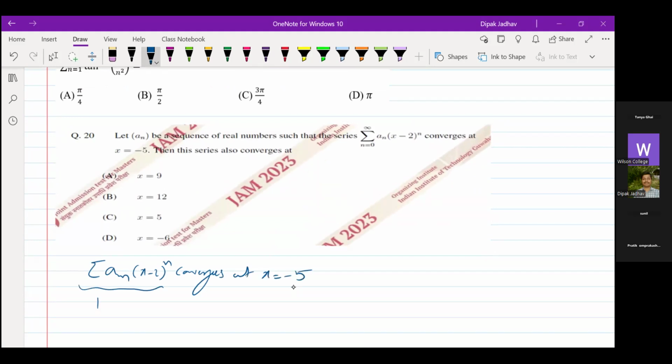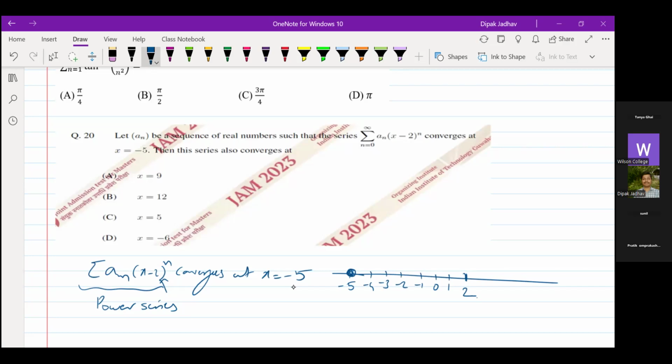So first of all, this is a power series expression. What is the center of this power series? 2. So here the center of this power series is 2. And where does minus 5 lie? Here we'll have 1, 0, minus 1, minus 2, minus 3, minus 4, and here somewhere we'll have minus 5. It is given that this converges here.